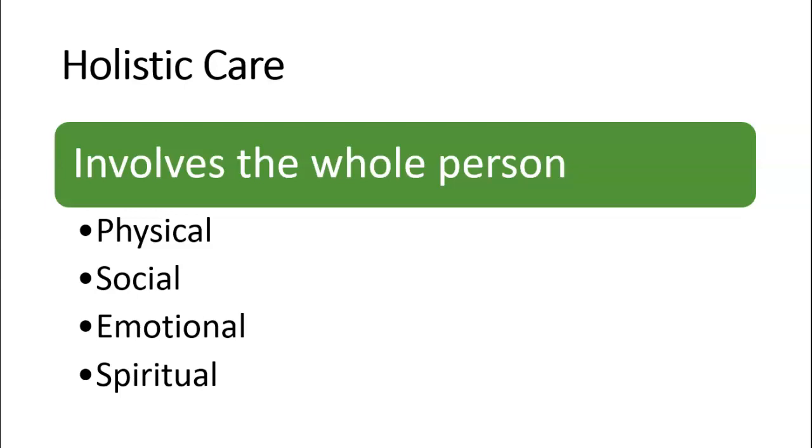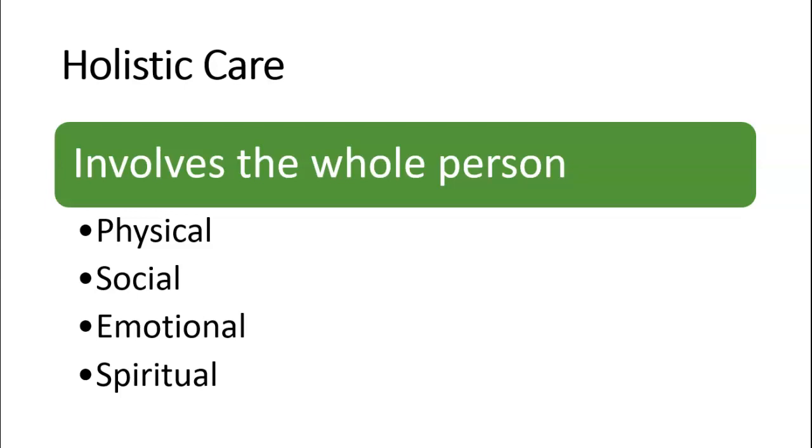If a person is depressed, their recovery is going to take a lot longer. So the emotional issues need to be met. If a person's spiritual needs are not being met, and that's something that's very important to them, they will not have as good of a recovery or as good of a life.